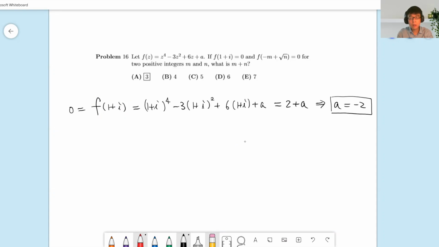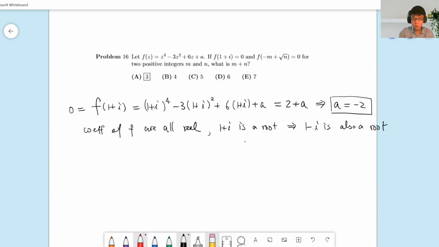And now we see that the coefficients of f are all real numbers and integers. Actually, we can find some factors. Coefficients of f are all real. That means 1 plus i is a root, which implies its conjugate is also a root. Because we can take the conjugate over the whole function, the function does not change, but the root changes to its conjugate.